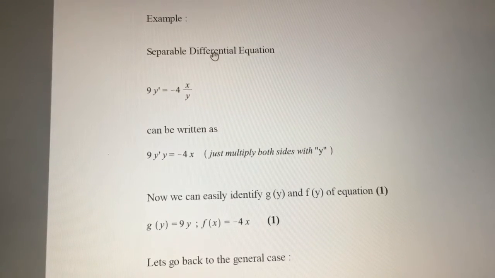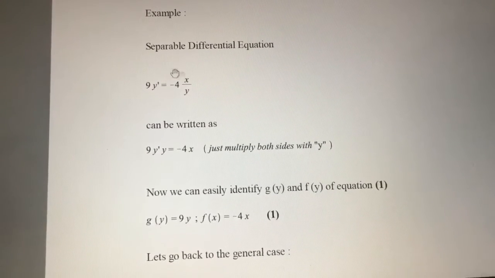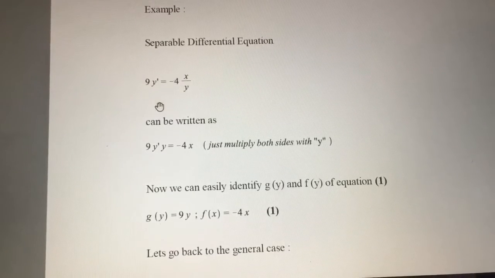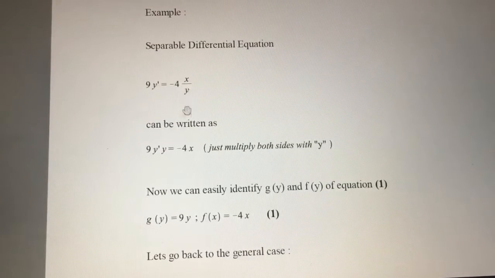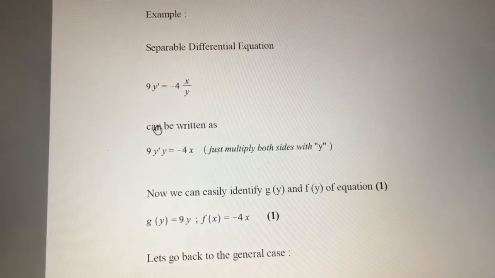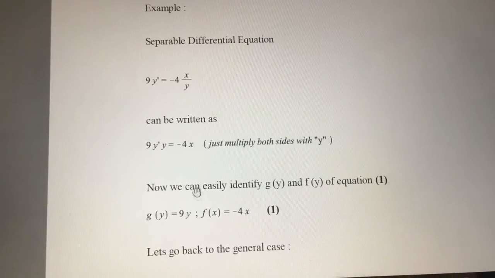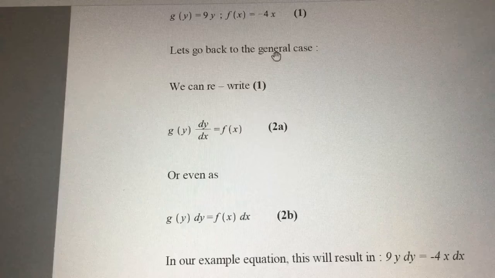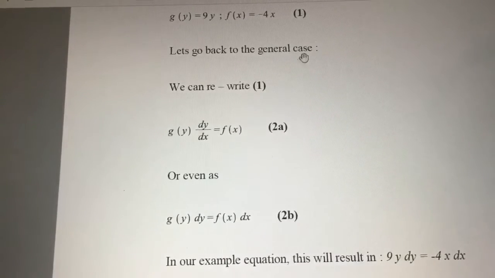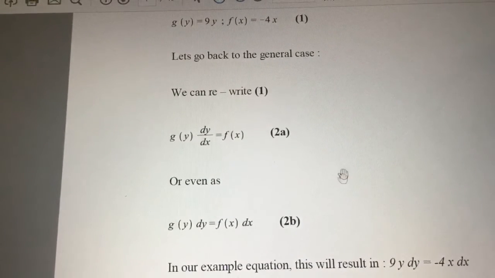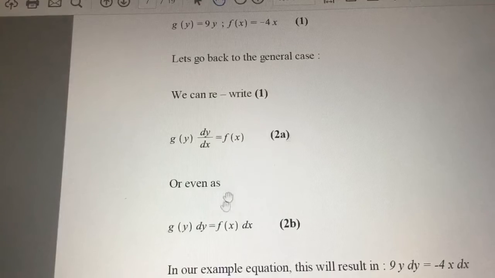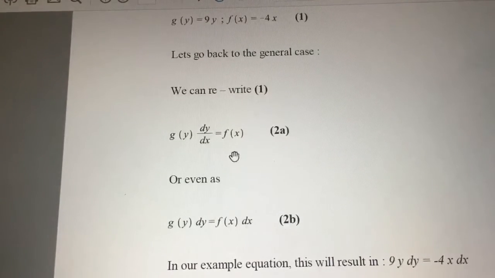For a separable differential equation, for example, when we are given this equation, it can be written as this equation by multiplying both sides by y. Now we can easily identify g(y) and f(x) of equation 1. When we go back to the general case, we can rewrite equation 1 as equation 2a or even as equation 2b.